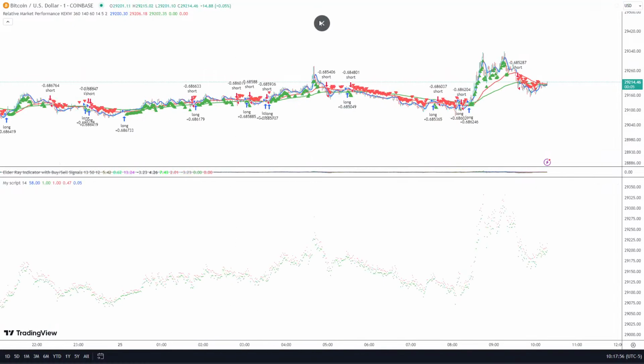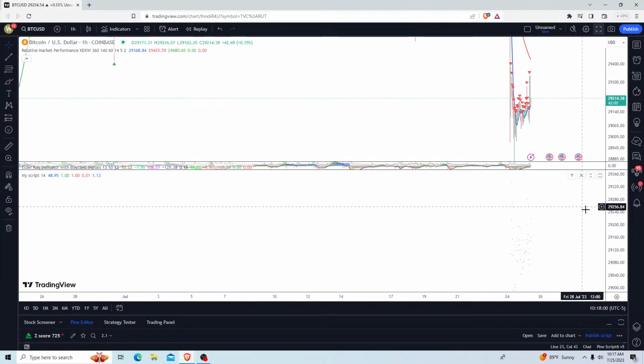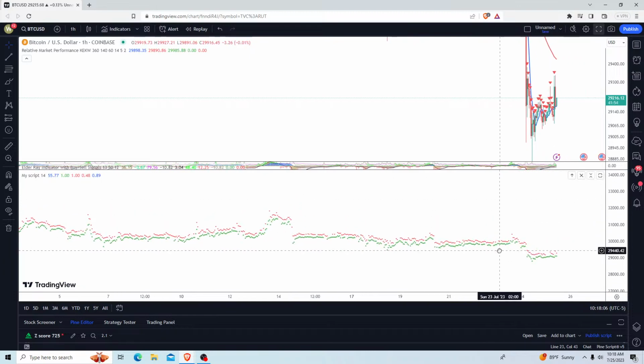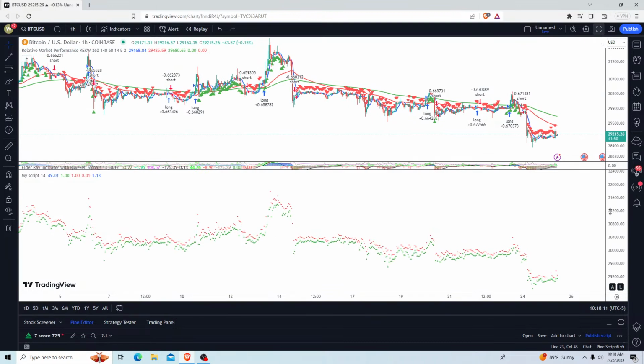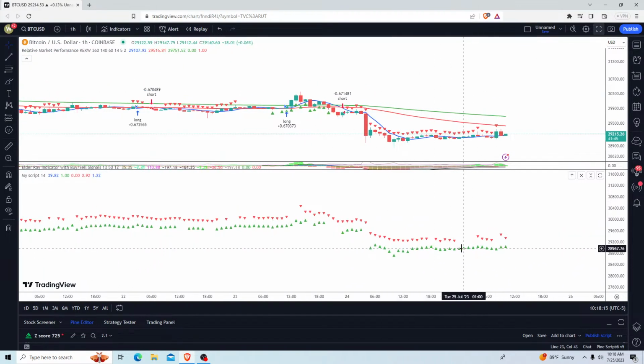What if I switch it over to the 1 hour? Okay. See, there's some bullish divs with no bearish divs. And I think that actually is a good signal.